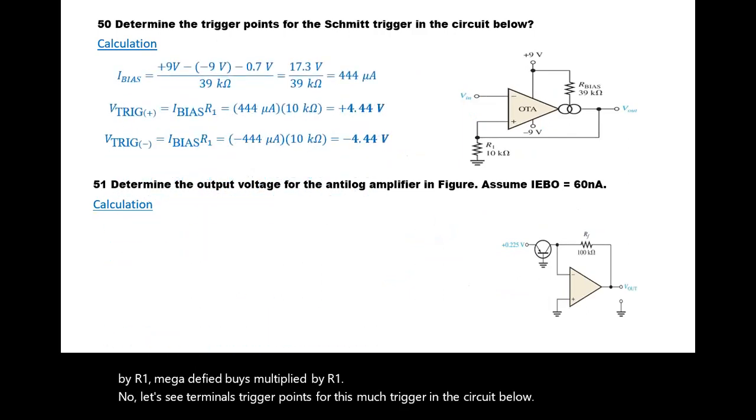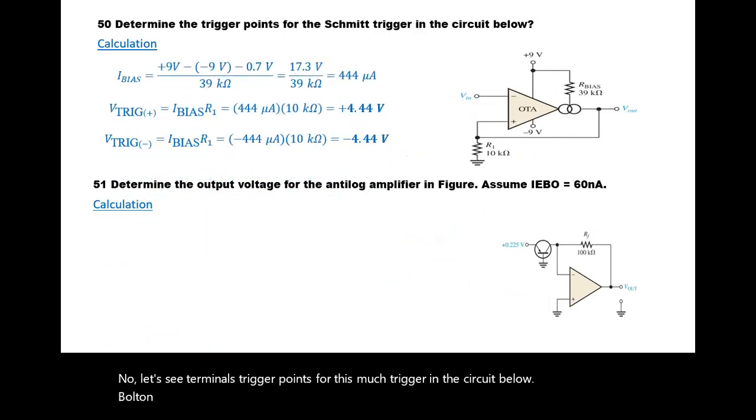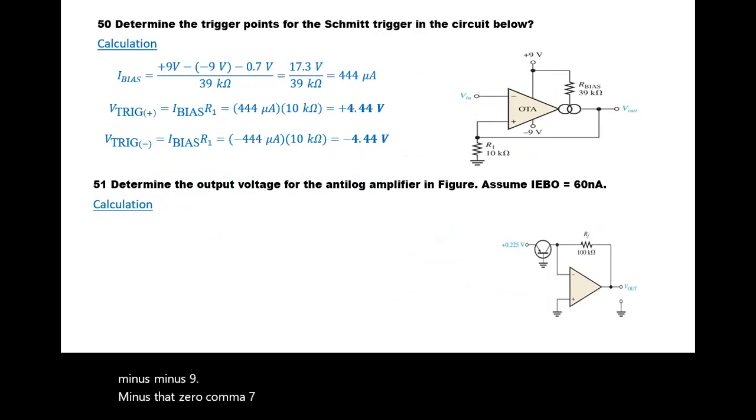It's important there, I bias is +9 minus -9 minus that 0.7 volts divided by R bias, that is 39 kilohm. That gives you 17.3 divided by 39K, that's 444 microamps.